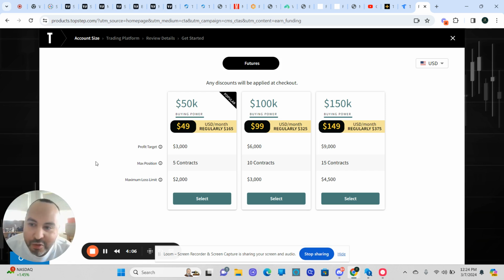So they have what's called prop firms. What prop firms do is let you trade on basically a demo account, and it will track the trades.